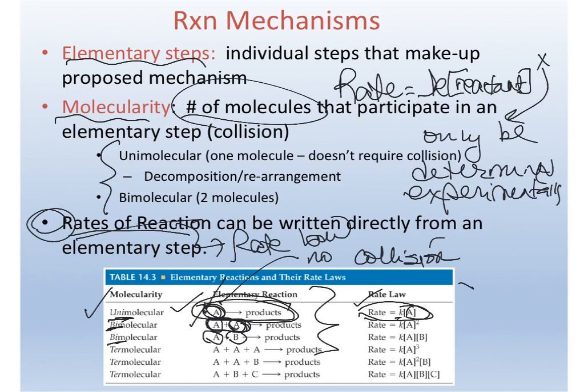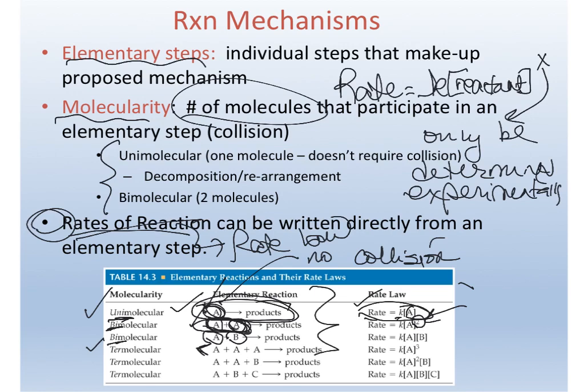What is different about elementary steps is now if the rate law has an exponent like the second one, we don't have to do an experiment to determine that it's second order. If it's an elementary step, we just look at the reactants, and this superscript comes directly from how many reactants there are. So look at the termolecular one, because it'll make it more clear, I think.